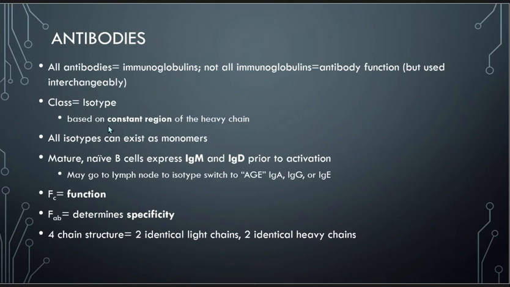The isotype or the class is going to be determined by the constant region of the heavy chain. So each antibody class is going to have a different constant region of the heavy chain from another class, but all the antibodies within the same class will have the same constant region of the heavy chain.